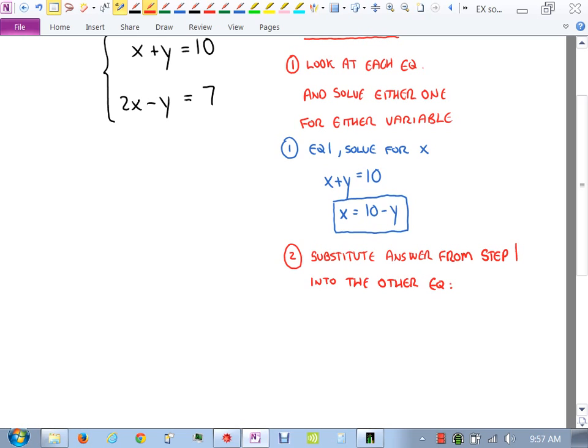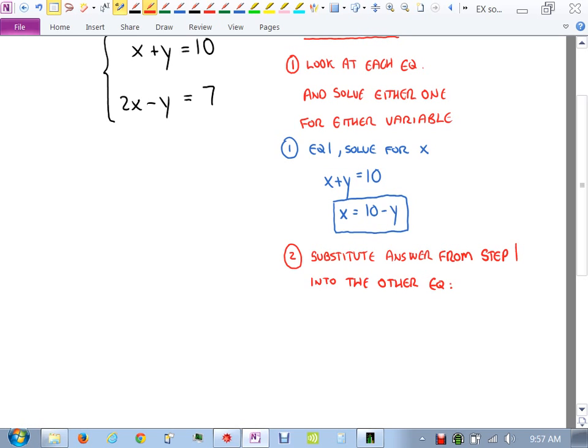So what we're going to do, and this is why it's called substitution, because we are about to substitute, I'm going to take this x equals 10 minus y. I'm going to substitute it into the other equation. That's the equation I didn't use, right?